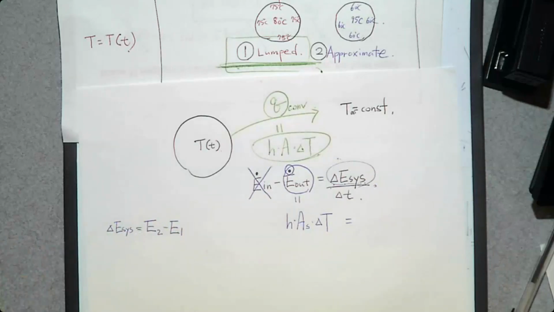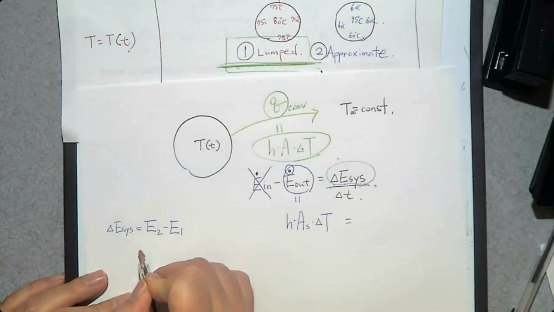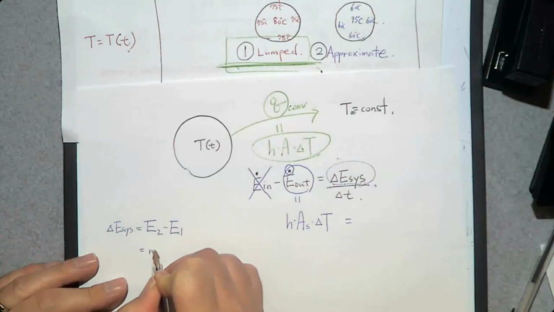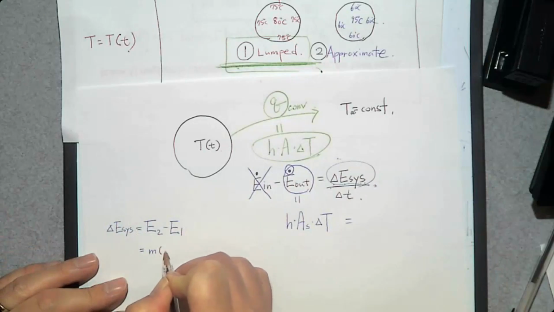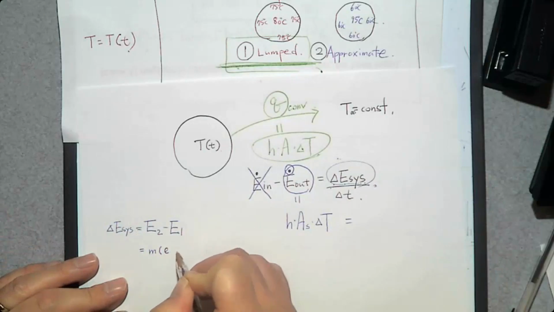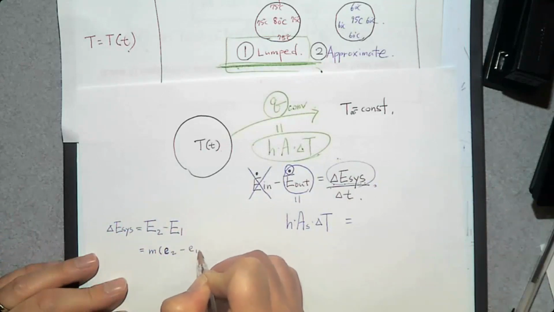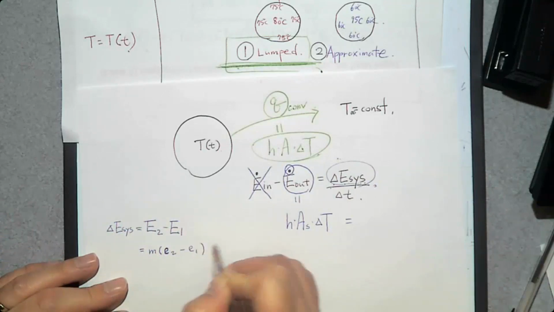What is the total energy? It can be mass times the specific total energy per unit mass at the final state, minus the total energy per unit mass at the initial state.